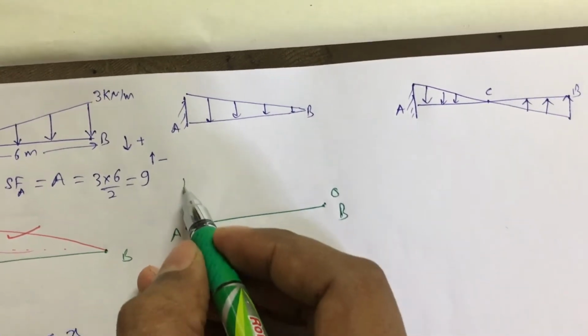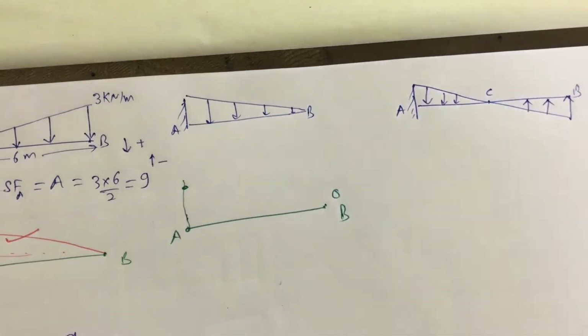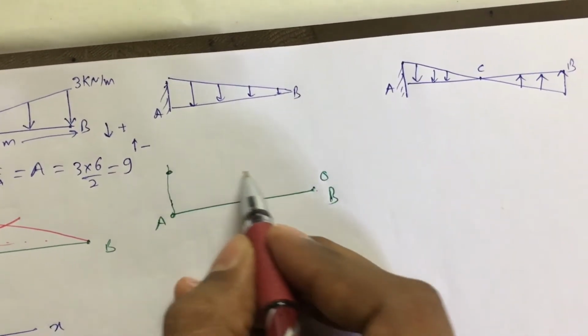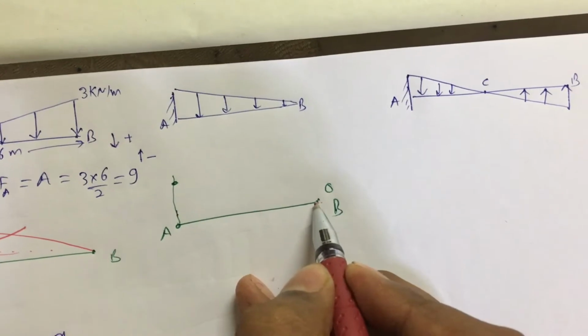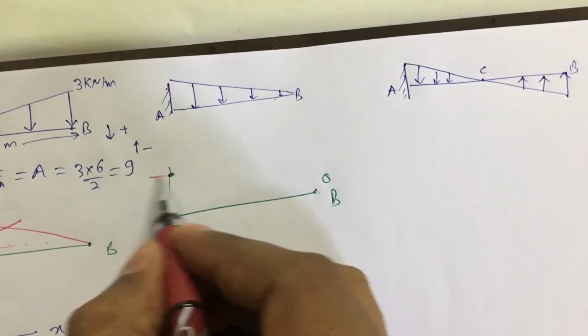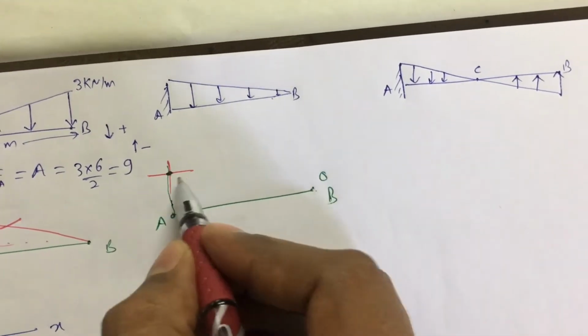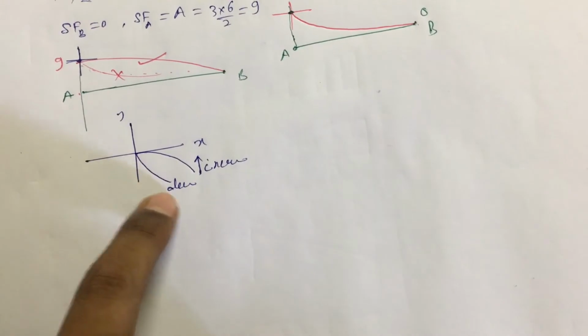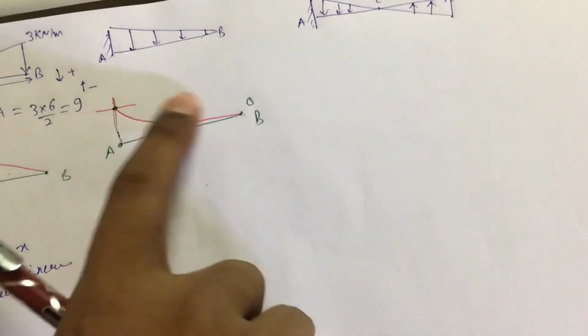So this is your 9. Now from this point we have to draw the curve here. So you will draw like this, or you will draw like this. You check loading variation, loading is decreasing, so in the fourth quadrant you have to draw a decreasing curve. So this will be your decreasing curve. Like in the fourth quadrant, decreasing curve is this. So that's why I'm drawing like this, not like this.